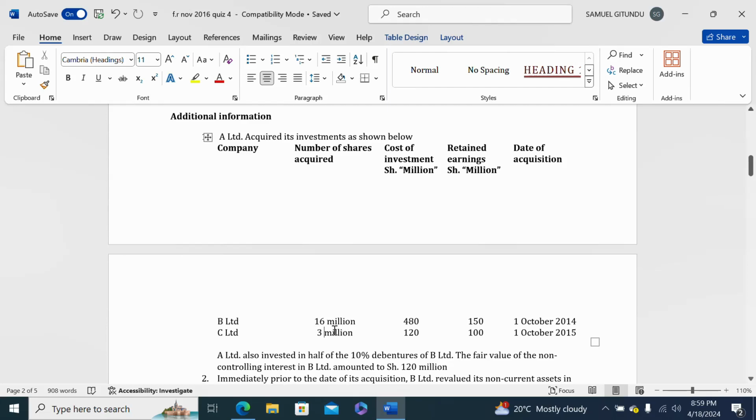these 16 million shares, what percentage of shares does it represent? So it acquired 16 million shares.